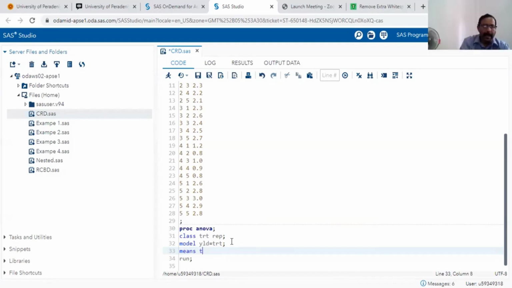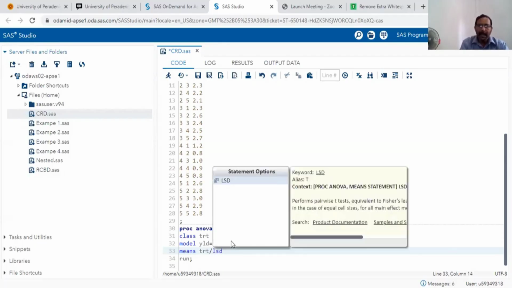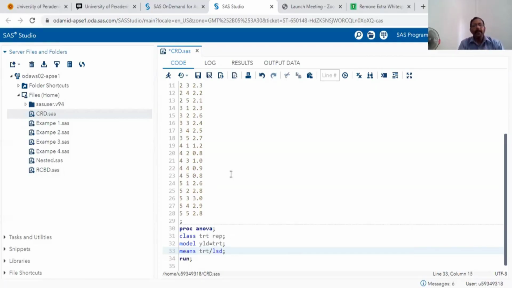So we say treat, slash option. We can give any option. I said different methods are there. First, I will go for the LSD method and run the program. Means treatment LSD. Have you all written it down?